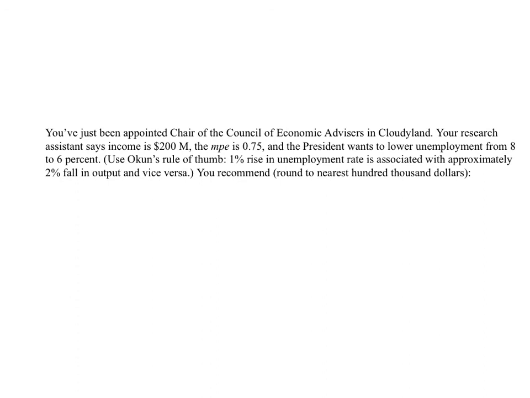So you might think, let's just go ahead and increase government spending by $8 million. That's what our target change in output is, right? Wrong, because if you do this, you will way overshoot the change in income because of the existence of the multiplier. So what we want to do next is to calculate the multiplier. We have 8 million as our target change in income.